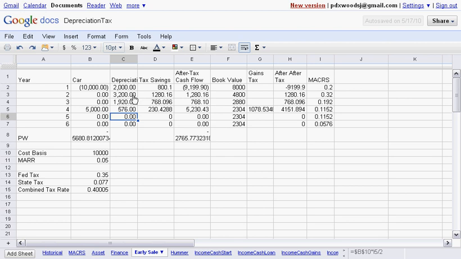So looking at just the depreciation component, what we have here in this column for tax savings is the reduction in taxes because of the depreciation. What we're doing here is just taking the depreciation, which is $2,000, times that combined tax rate that we calculated before, and that's how much your taxes are going to be lower because of depreciation. We're doing it for each one of these items down here.